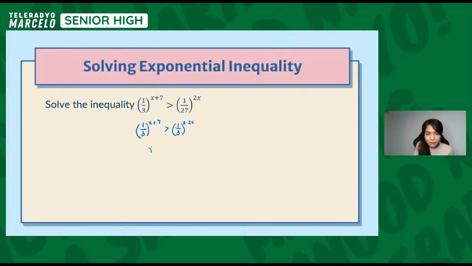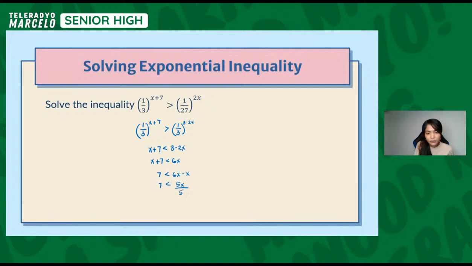So that will be x plus 7 is less than 3 times 2x. Okay? So simplifying it further, we will have x plus 7 is less than 3 times 2x is 6x. Transpose x on the other side, we will have 7 is less than 6x minus x.